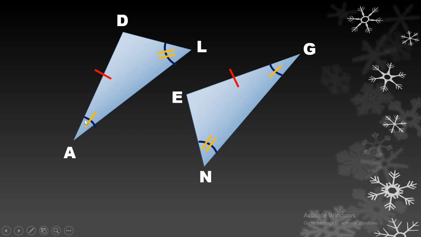Since in here we have angle A and angle L, the two non-included sides are side AD and side DL. For this second triangle, we can have side EG or side EN. So we can have these two. So that's for the AAS congruence theorem.